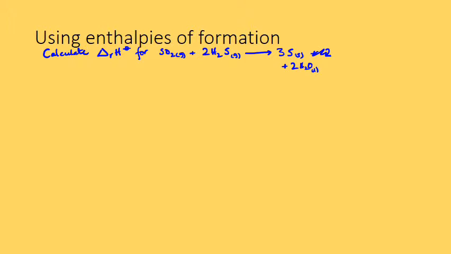Okay, so on the left we're going to have reactants, and then over here we'll have products, and right down here we'll have elements. Because you'll remember that enthalpies of formation is taking elements and from them making compounds.